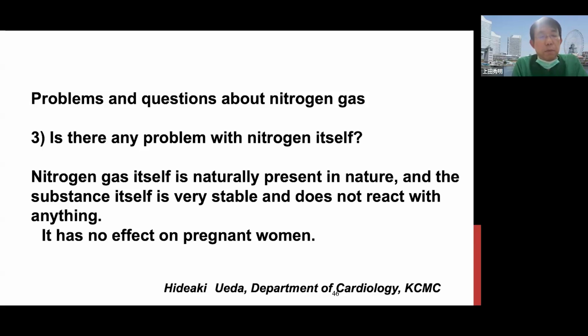And also, if we give prostaglandin to keep the PDA wide open, those prostaglandins have a side effect that they reduce the pulmonary artery resistance. And suddenly the saturation may show very high values.